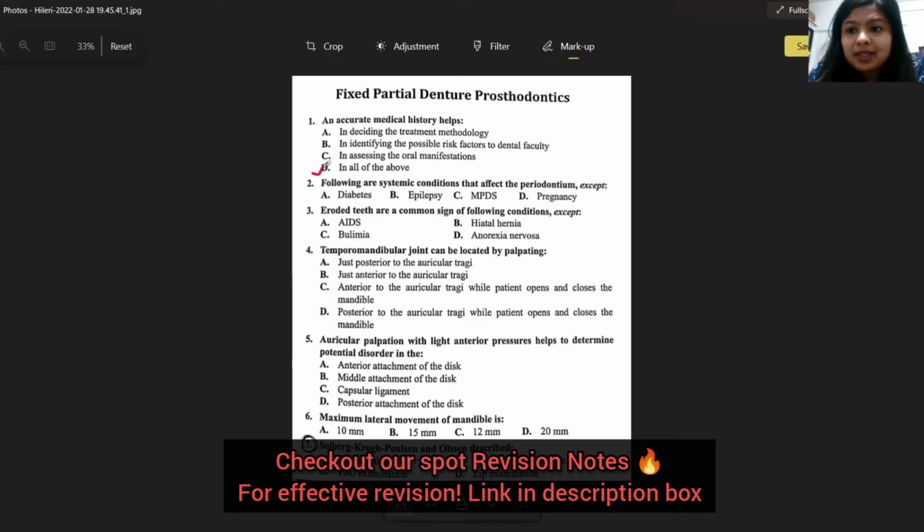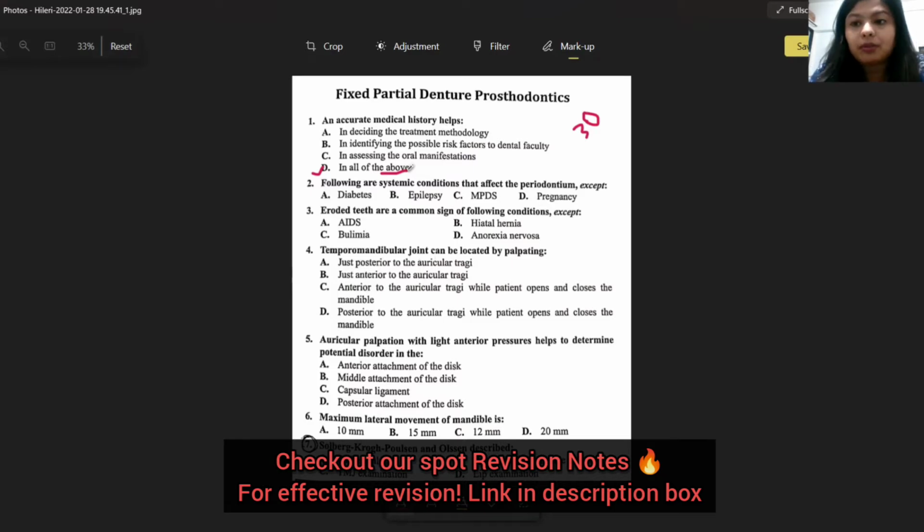What I'm saying is that in the first 15 to 20 minutes, or maybe the first 30 minutes of your paper, you should only solve MCQs which are very straightforward and very easy. In MCQs like this, where the option all of the above is given, 90% of the time it is the answer, but do not take it as a last statement.